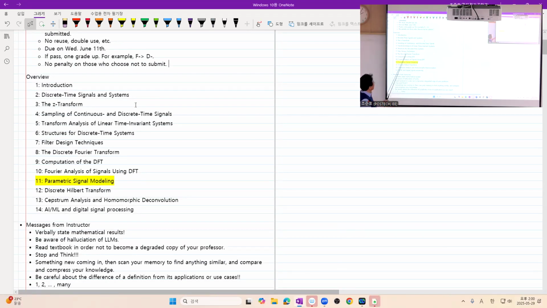Okay, here goes the overview. We've covered around half of the topics, and we just covered chapter 10 on the analysis of signals using DFT. Today, I'm going to talk about some details on chapter 10, and we'll move to chapter 11. I've decided not to cover these three and some other chapters because we don't have enough time.